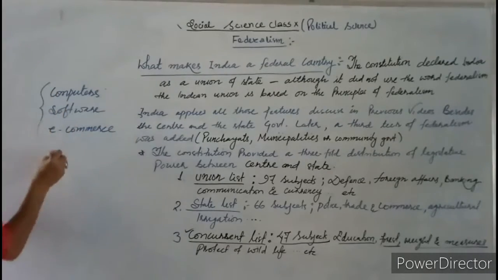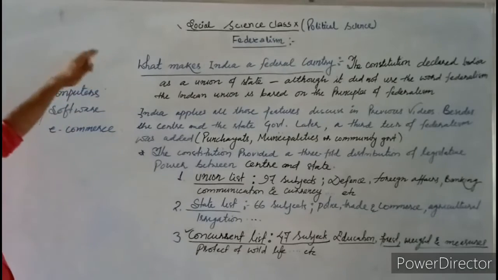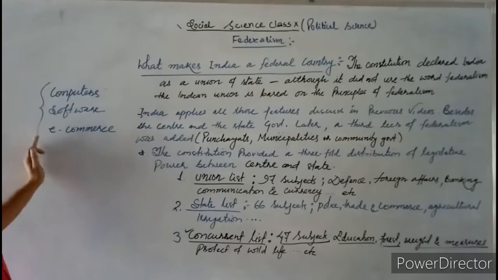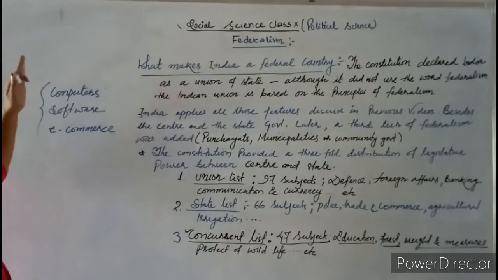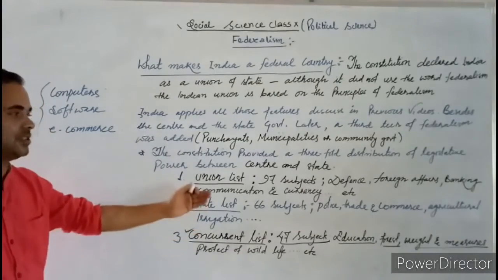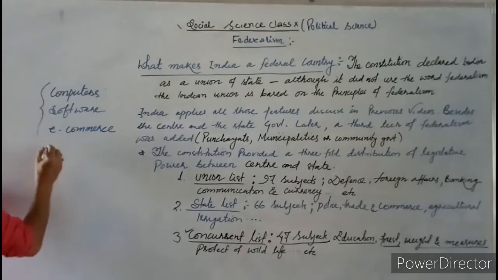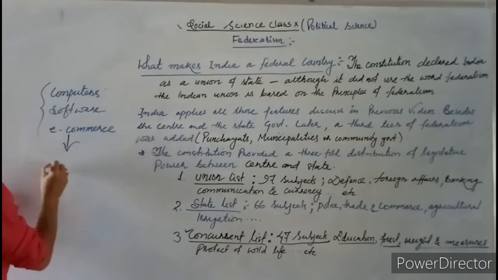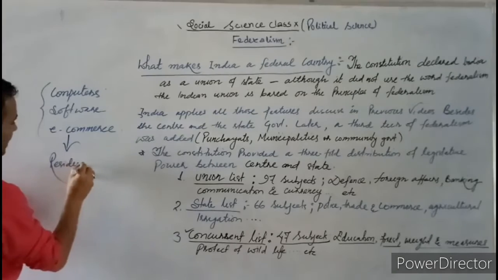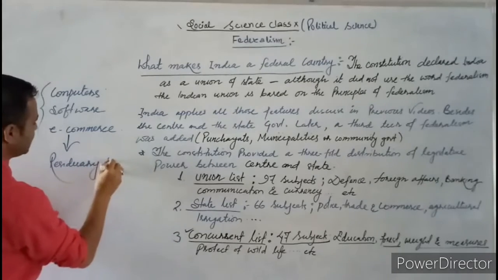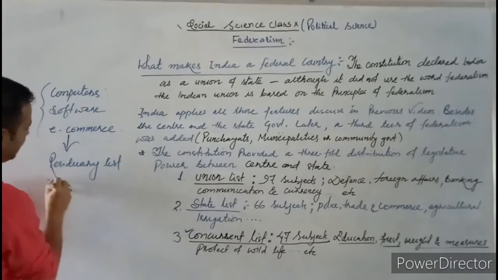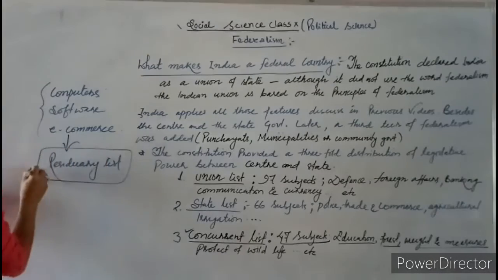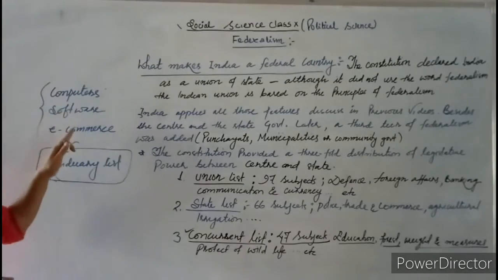All these aspects which don't come in any of these lists are categorized in one list which is called the residuary list. And in the residuary list, the Constitution of India has asked the central government to make laws.